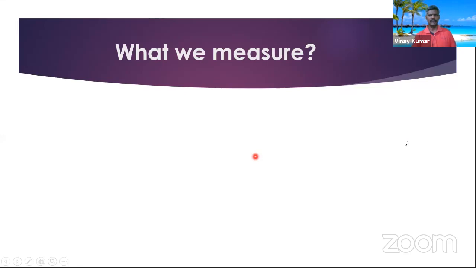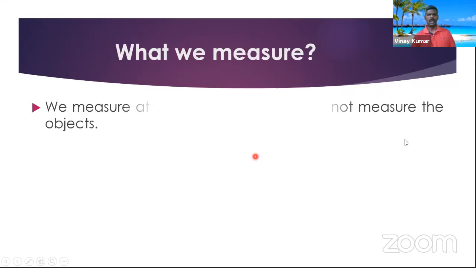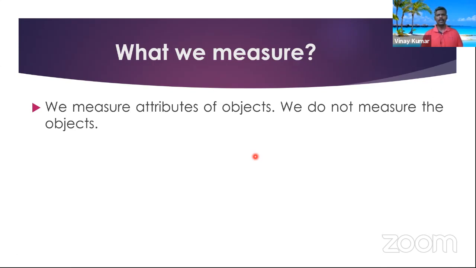What do we measure? Well, that's a very important question to be answered by the researcher. When we talk about measurement of data, when we take any variables in the research, what is a researcher trying to measure here? A researcher measures the attributes of objects, whatever he has taken for his research. We do not measure the object, but we measure the attributes of a person.